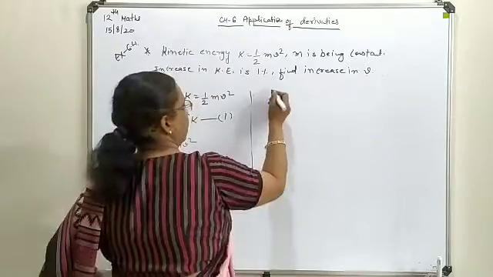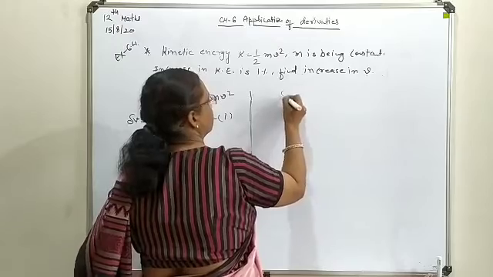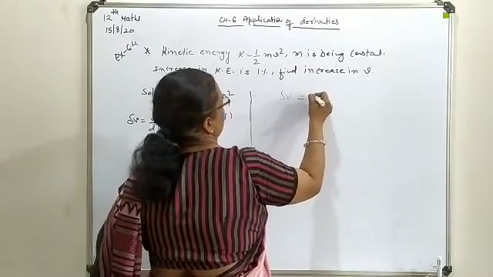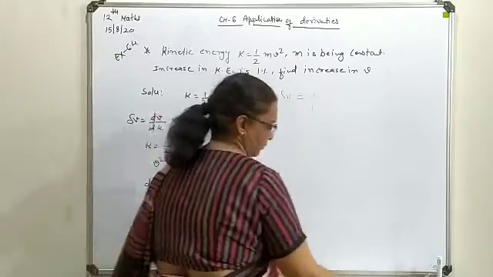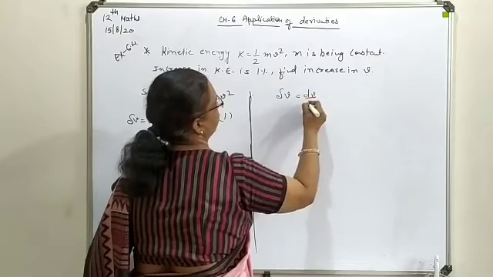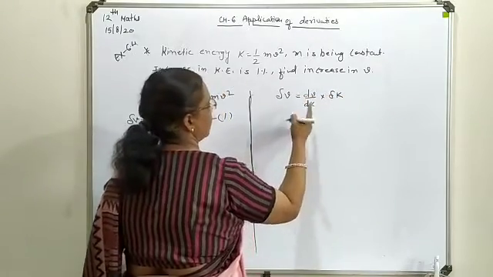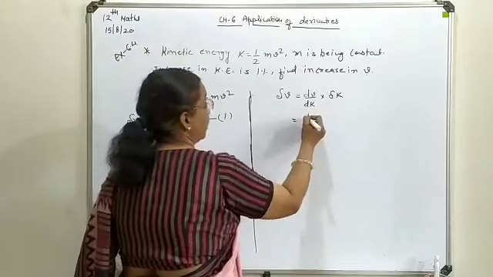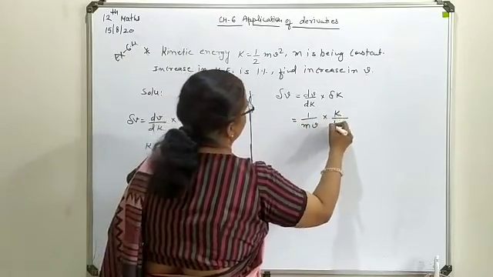Now here come again to this formula form, dV is equal to dV upon dK into delta K. Both you substitute over here, what already we have, it is 1 upon mv into K by 100.